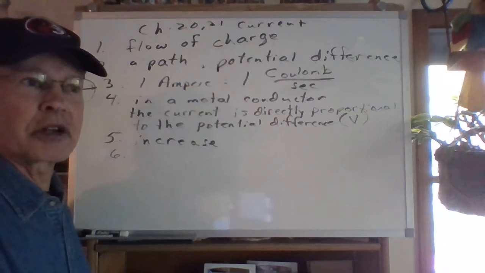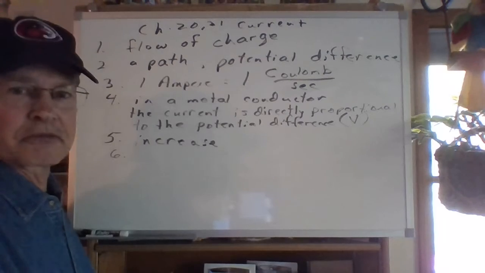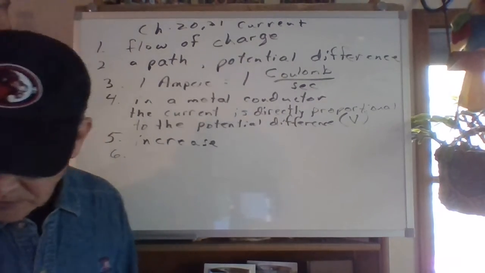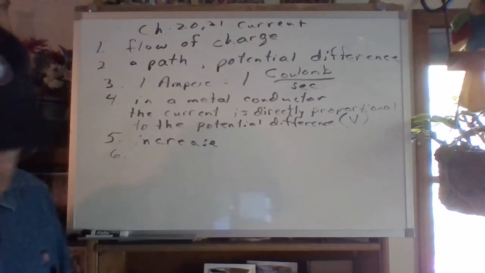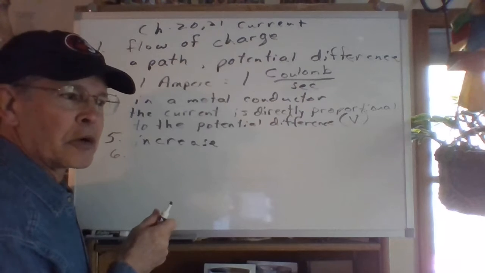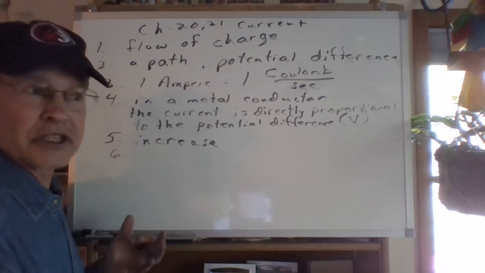Well, the only way to push on a charge is with another charge. Like charges repel, opposite charges attract. And so these sources, well, we know where do we get electric energy? Of course, it's not the flow of charge that we're interested in, it's the flow of energy.